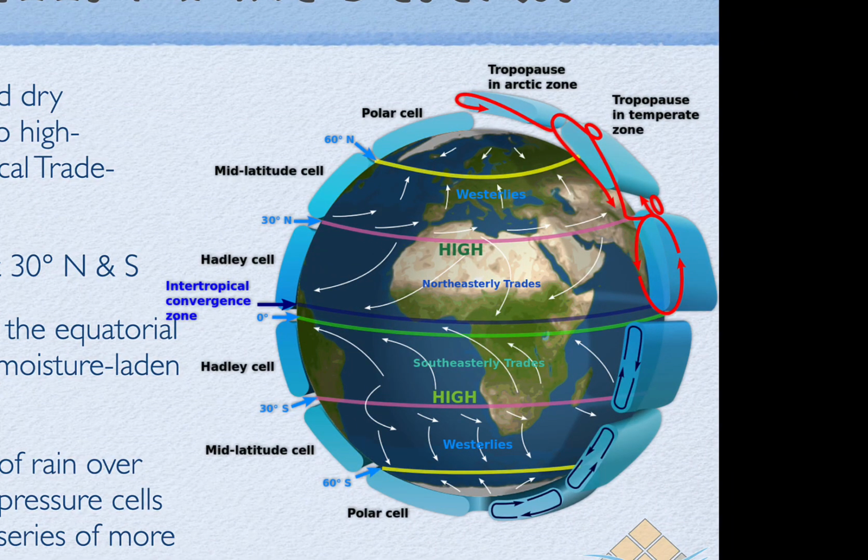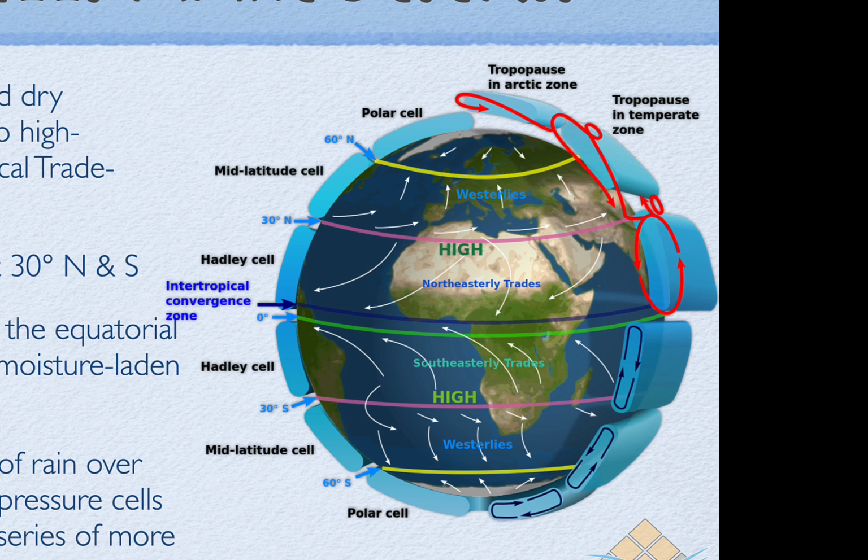This notion of Hadley cells taking moist air from the equatorial positions in the intertropical convergence zone, and then as that air drops its precipitation around the equatorial belt, we get these cool belts of moisture-depleted area in this upper arm of the Hadley cell descending back toward the Earth's surface, and as they do so, they are warming.